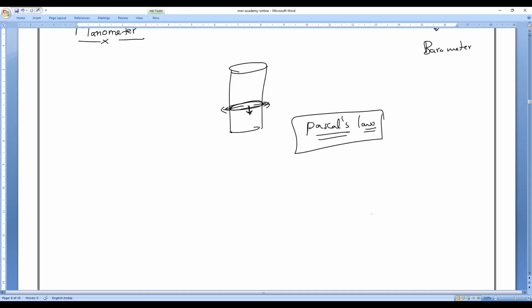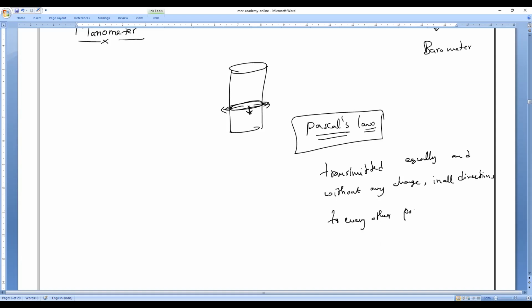The pressure at any point inside a liquid at rest is transmitted equally and without any change in all directions to every other point in the liquid. This is known as Pascal's law.